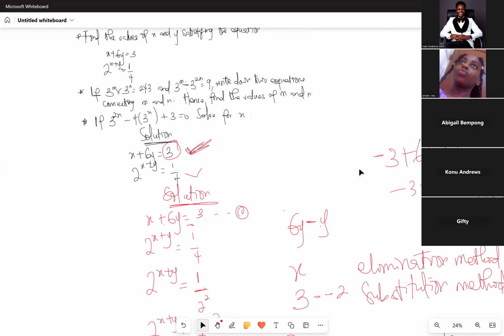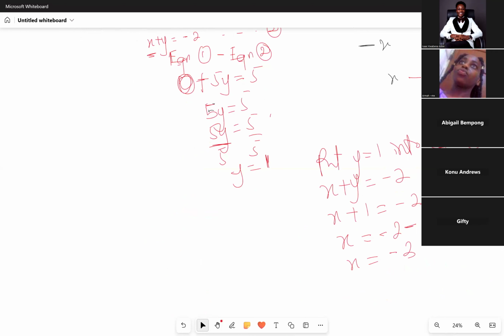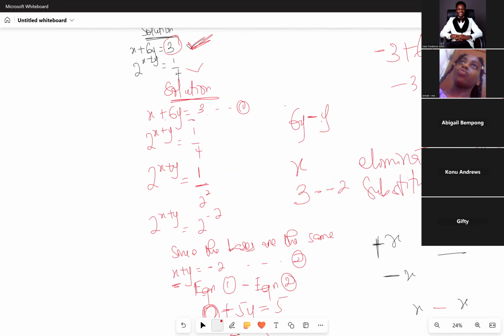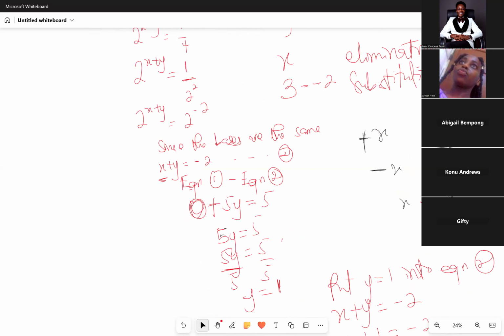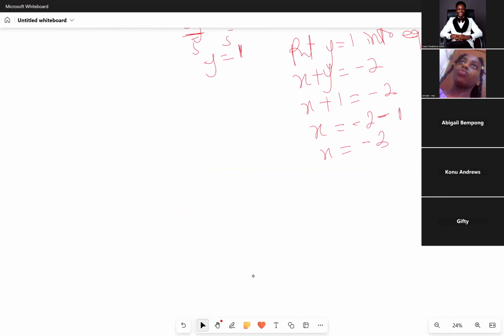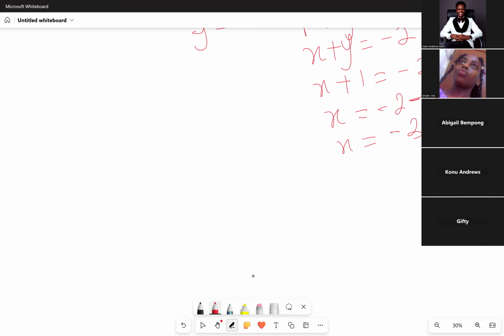If 3 is the power 2n. Okay, are you guys done writing? Let's see the question. It's 3 exponent 2n, minus 4.